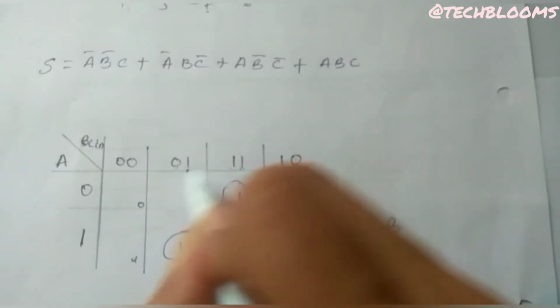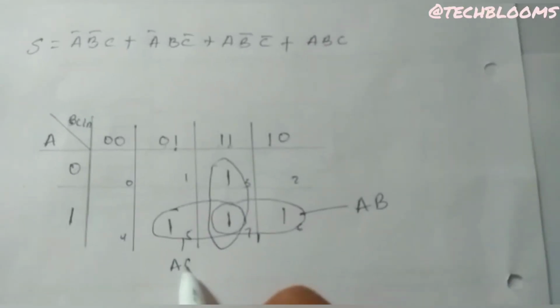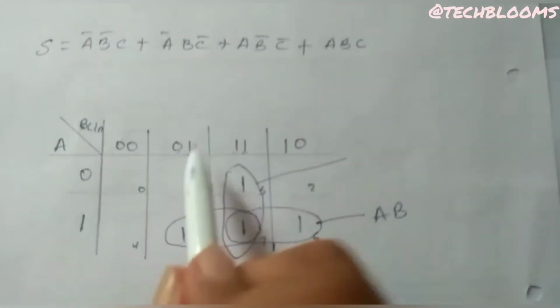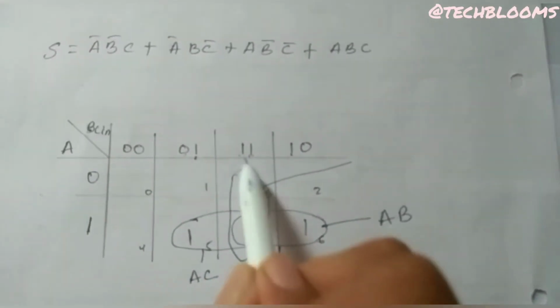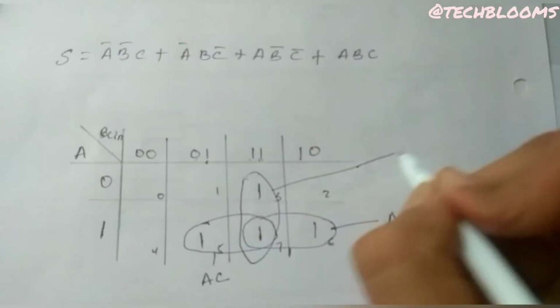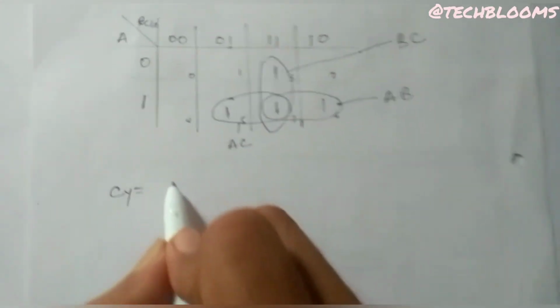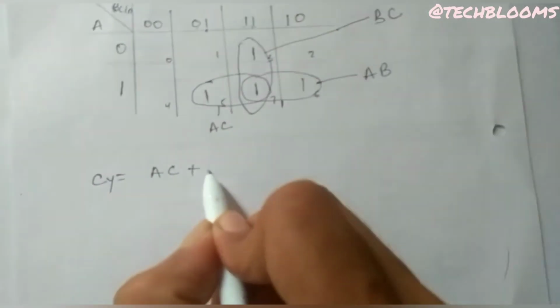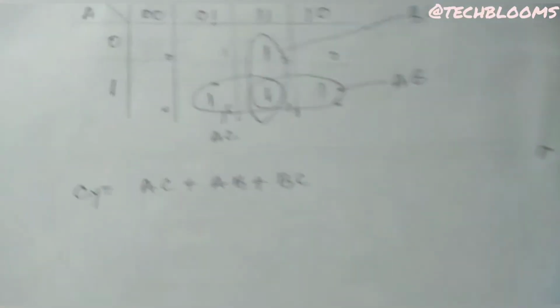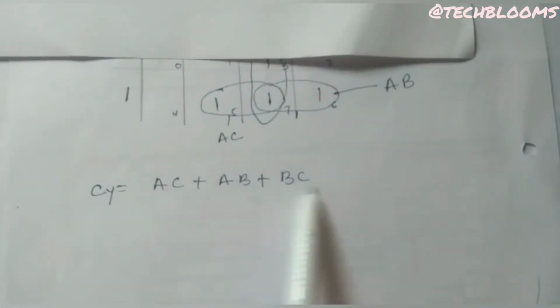B is not common, it is changing, so we will write A Cin. For the last pair, A is varying and B and C are common, so we will write BC. So it will be AC plus AB plus BC. From the earlier expression we have reduced using K-map to this.